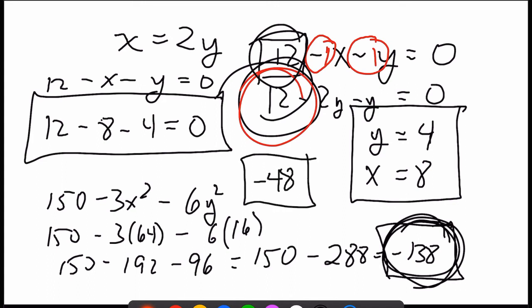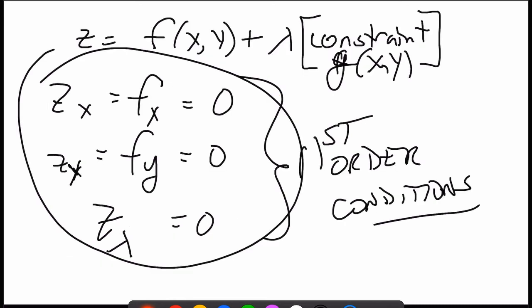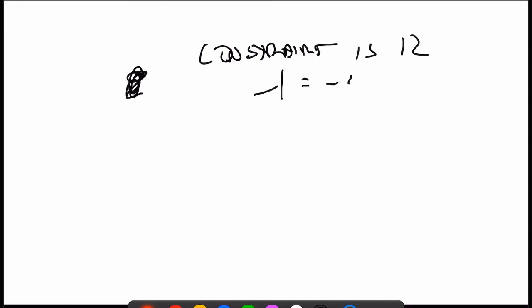So when the constraint is 12, lambda is minus 48, and z was minus 100 and something.